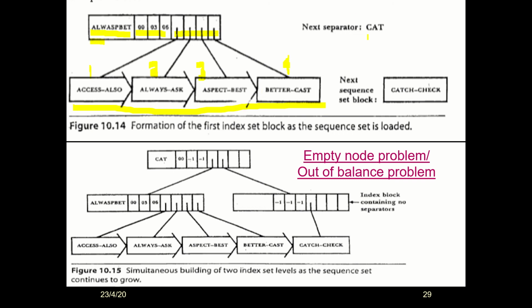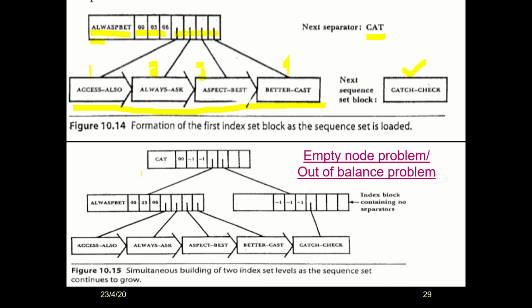Now consider the case that I need to insert one more block, catch to check, where the separator is CAT. But we don't have space here because the tree order is 3. Three children are already inserted into my index node, and we would have 4 child nodes, so we cannot insert. Now we need to see how the CAT separator and the catch to check block are inserted.